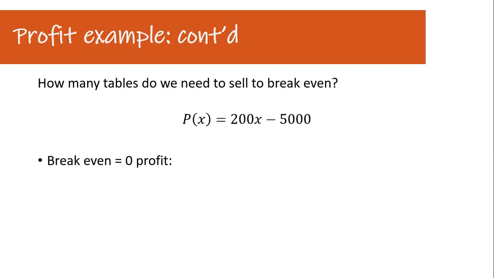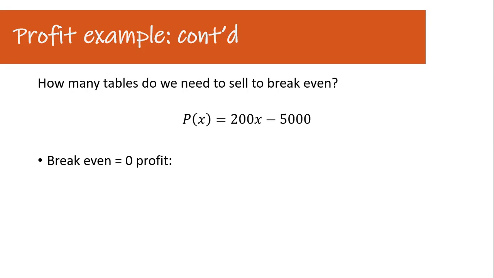So what do we even do with this? Well, there's a lot you can do in the business setting, but perhaps if you're just an amateur woodworker and want to see how much you have to sell to even make this worth your time, one of the first things you're going to want to look at is how many you need to sell to break even. Remember that we have P of X equals 200X minus 5,000. If we break even, we make zero profit. We don't lose any money, but we don't gain any money.